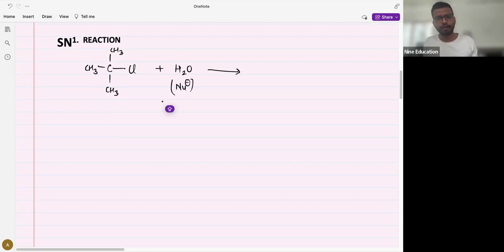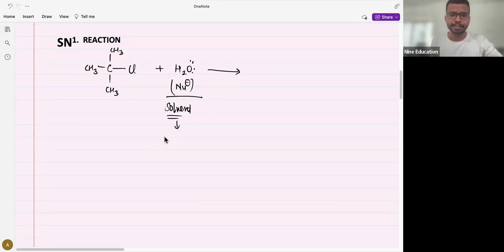H2O will act as a nucleophile because it has lone pair of electrons. All those species which are negative charge lone pair species are nucleophiles, है ना। सो इसको अगर अटैक करना तो क्या करता, this H2O water is acting as a solvent also बेटा, it is also a solvent.